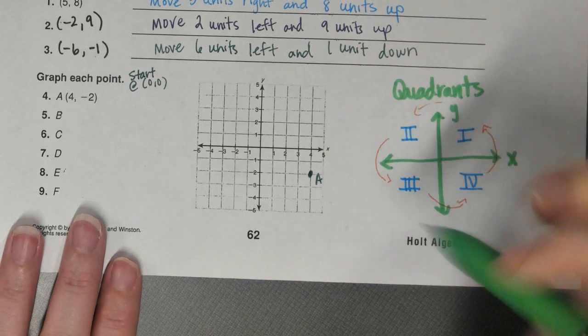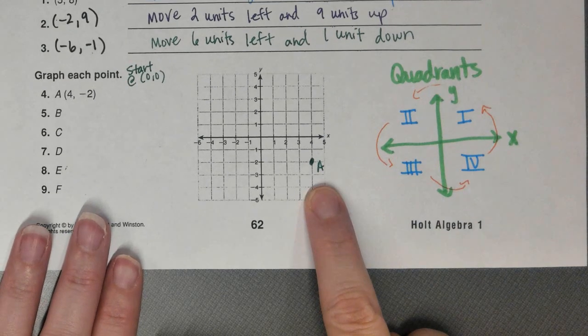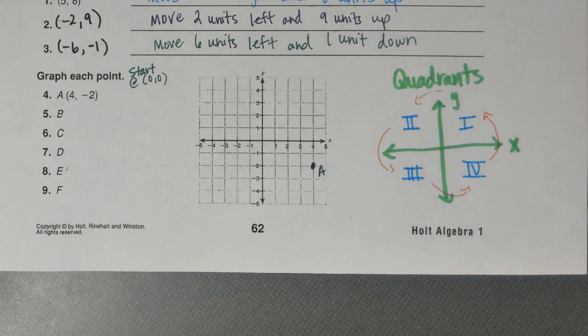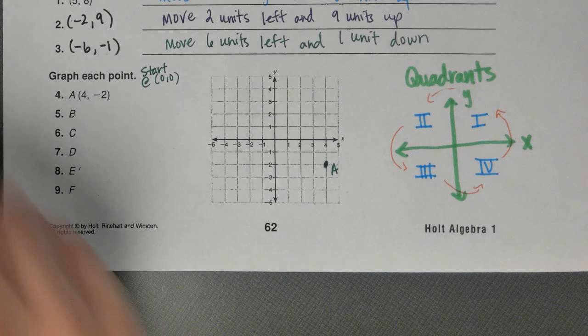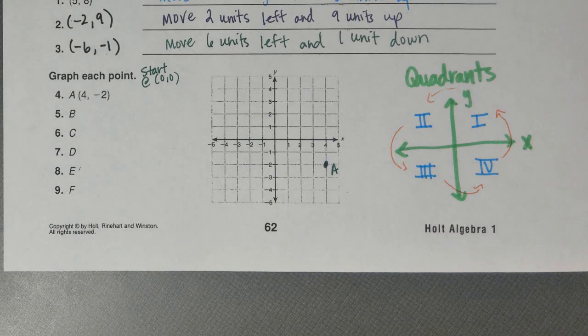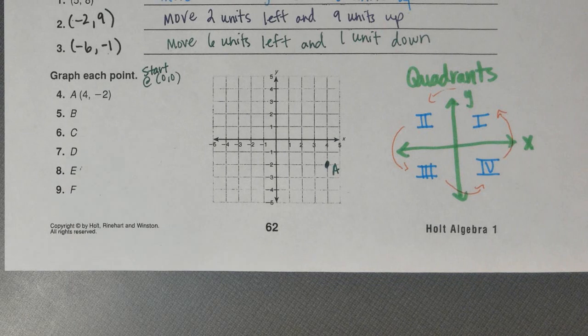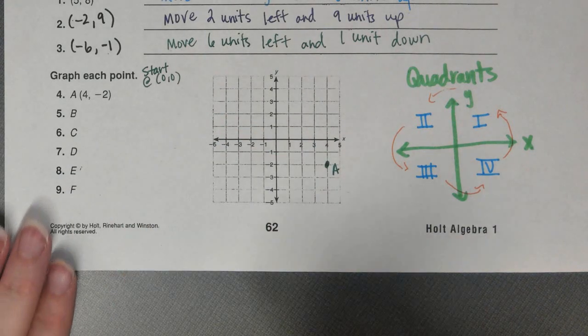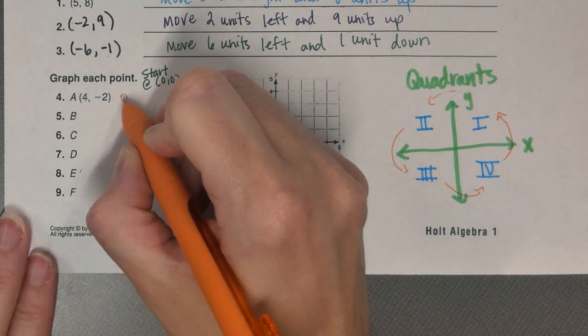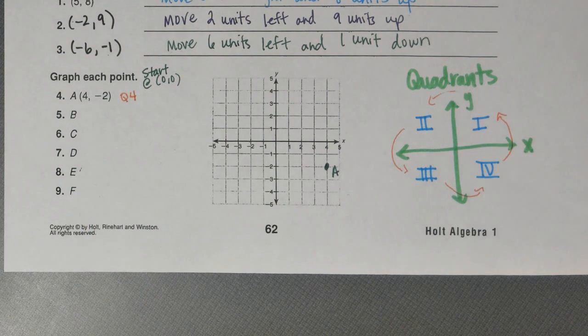So you're going to label that A. All right, or else I won't know which is which. So when you have the letters there, I want you to do that. Now, for A, what quadrant is that in? 4. Yep. So I'm just going to put Q4 next to it, okay?